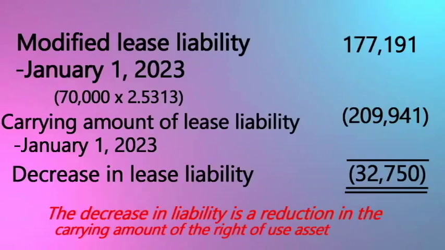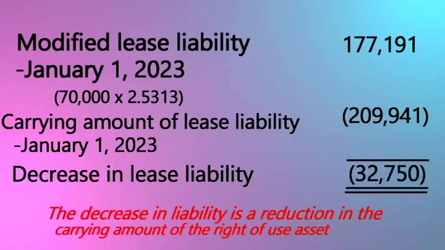Para ma-compute ang decrease in lease liability, kailangan nating i-deduct ang modified lease liability as of January 1, 2023, which is computed as multiplying the new lease payment by the ordinary annuity of 1 at 9%, kasi ito ang bagong implicit rate.